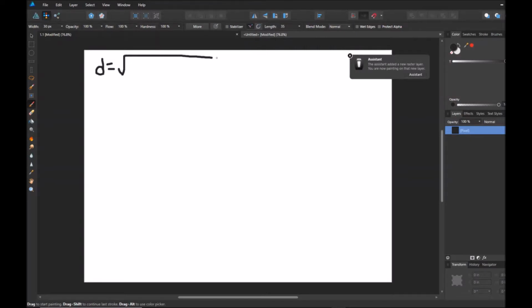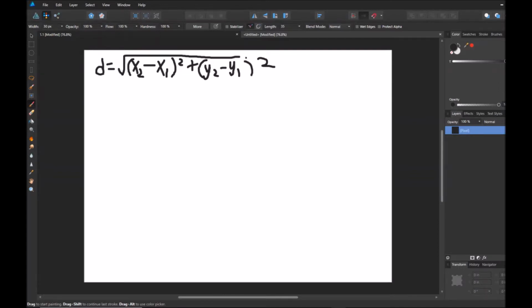the square root of x2 minus x1 squared plus y2 minus y1 squared, like that.